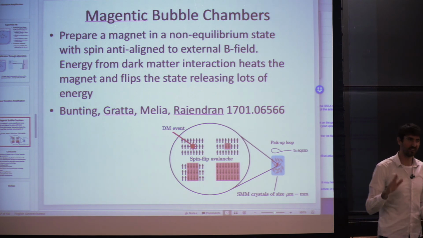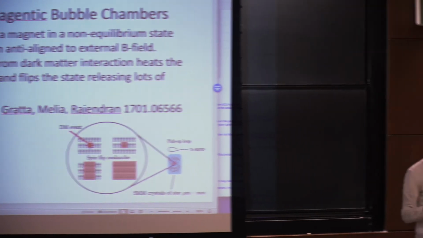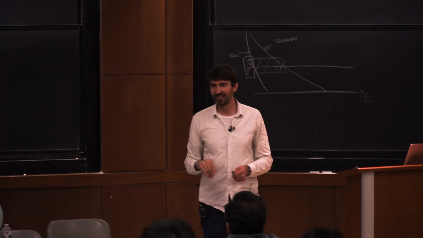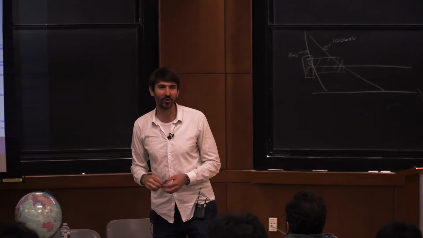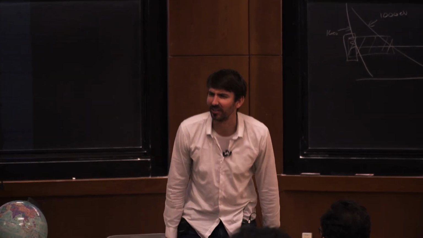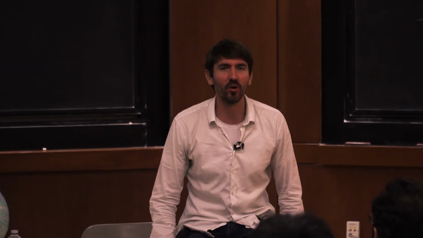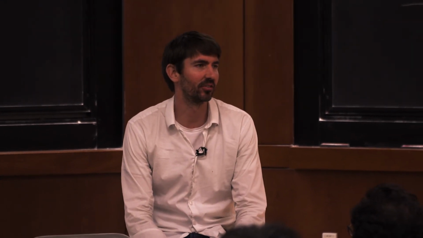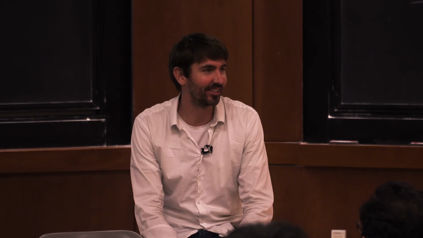And SQUIDs are one of the truly amazing devices that we have made over the last, I guess, 30 years. Yeah, 30 years is about right. They're the most sensitive current and flux detectors we've ever made, and they are just fantastic. A large percentage of quantum computing is based on qubits, which are basically SQUIDs.